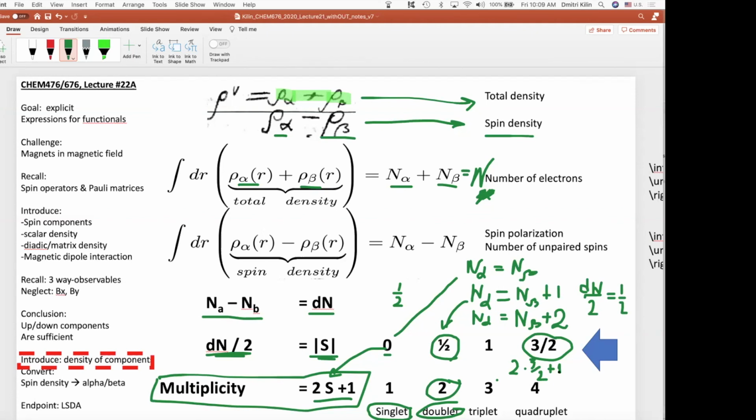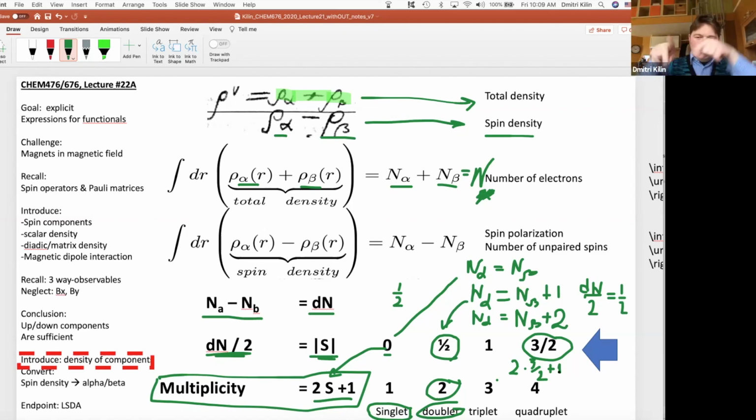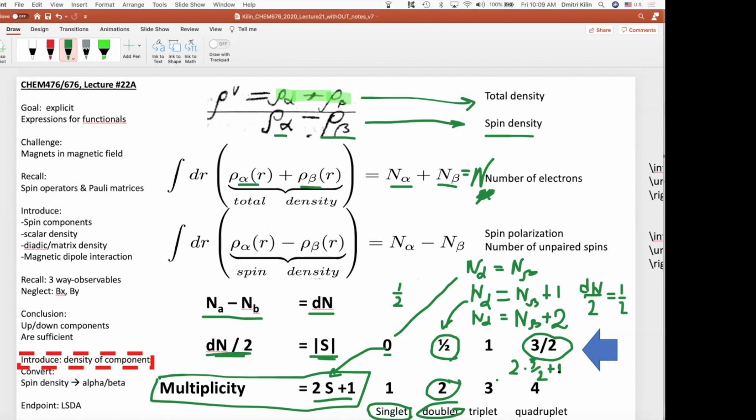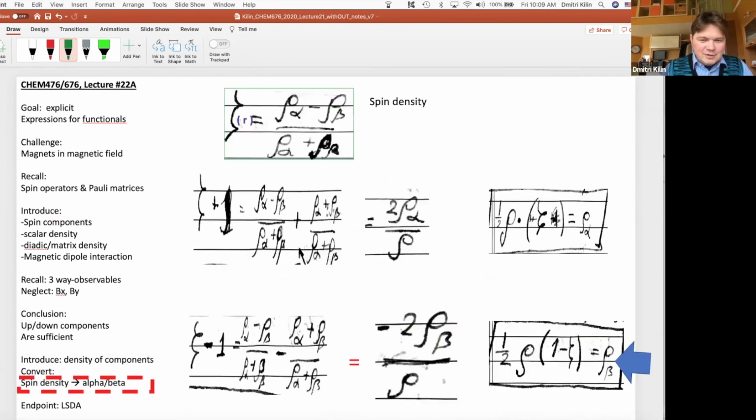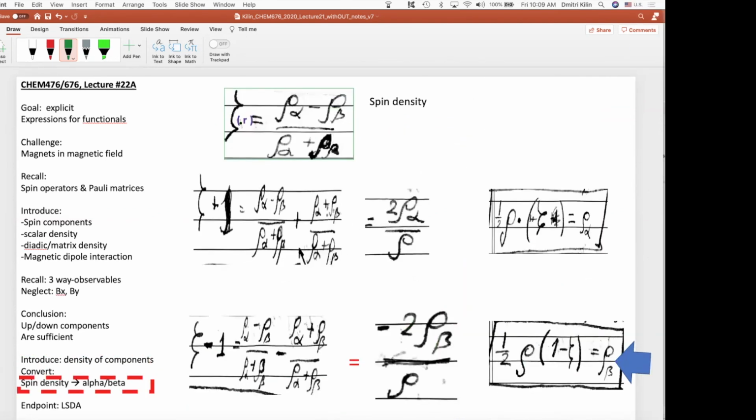So is it up, up, up, down, down, down, and so on? Yeah, it should be all 3 up, all 3 down, 2 up 1 down, and 2 down 1 up, because there are 3 electrons. Yes. Yeah, I got it. Excellent. Thank you.